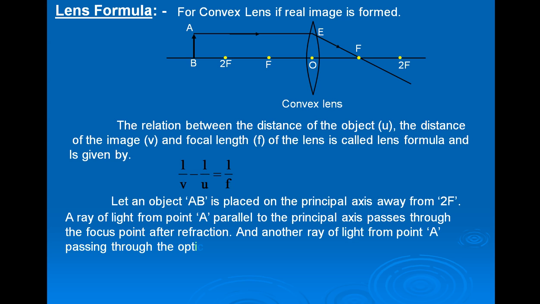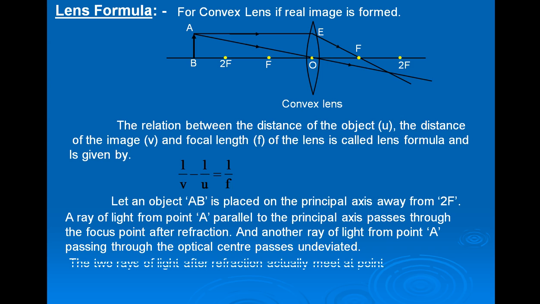Another ray of light from point A passing through the optical center passes undeviated according to third rule to draw ray diagram. This is incident ray AO passing through the optical center and passes undeviated.